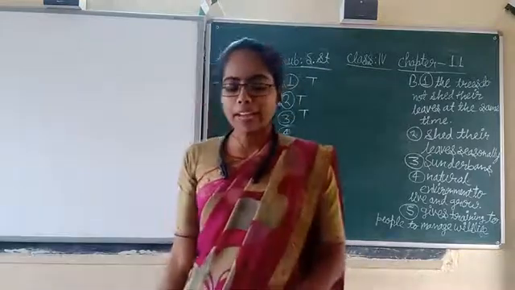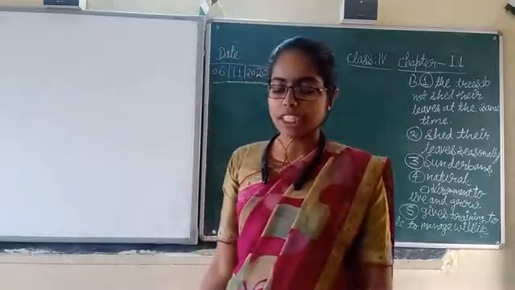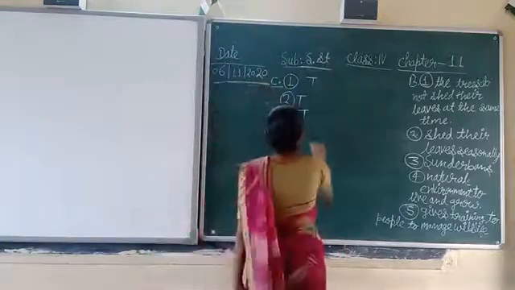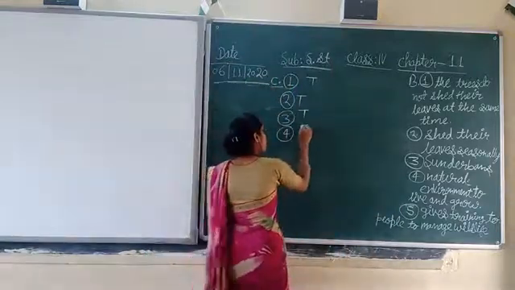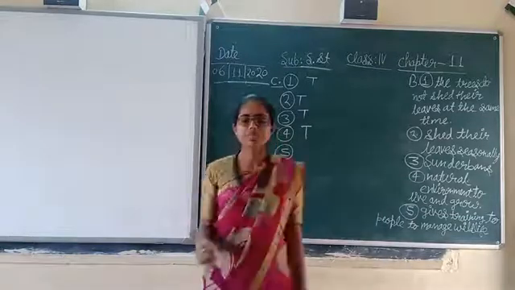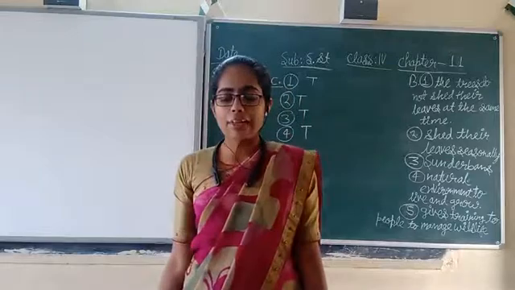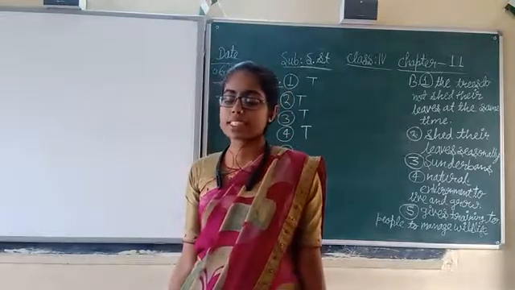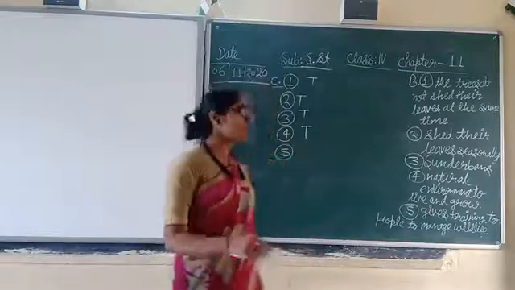Now question number 4. The red panda and snow leopard are found in the Himalayan forest. This is also true, and for true we write T. Now the fifth one. The Siberian crane migrates to India from cold countries in summer. This is false.